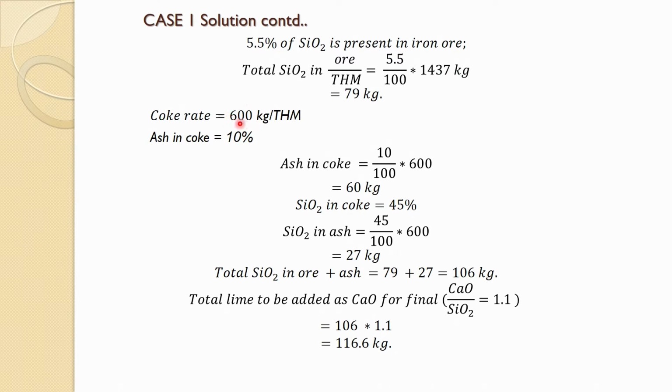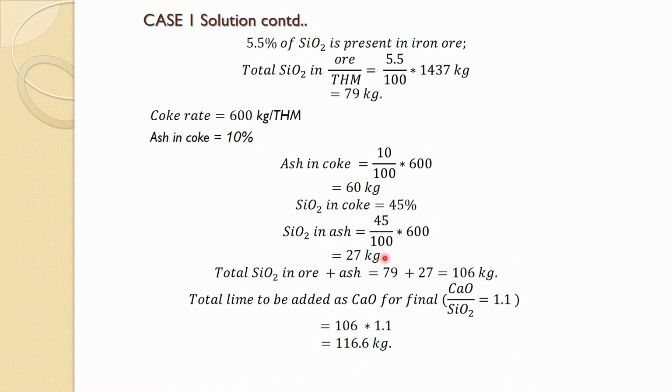Now, coke rate is given as 600 kg per ton of hot metal, and S content in it is 10%. So, how much S is there? In the same way we can calculate about 60 kg, but this 60 kg contains only 45% SiO2. So, SiO2 present in this would be the fraction multiplied with this 60.